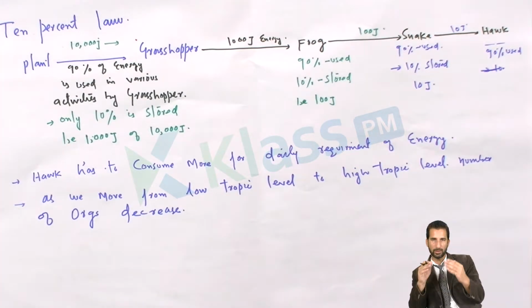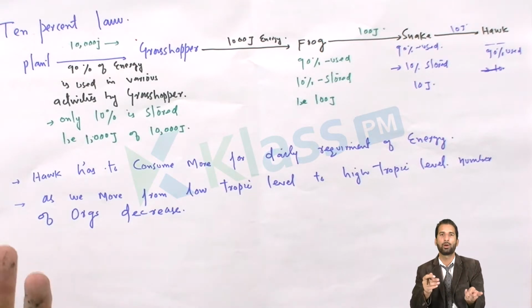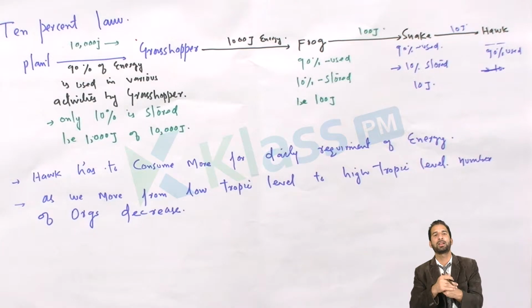So please understand, out of the total energy which plants have utilized, most of the energy is used up by the plant in various activities. The plant has to grow, the plant has to show other activities, and the plant has to metabolize other products as well. They have to carry out the process of metabolism, and for that they need energy.